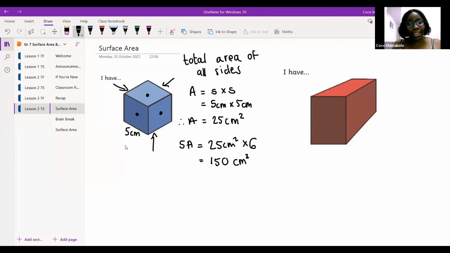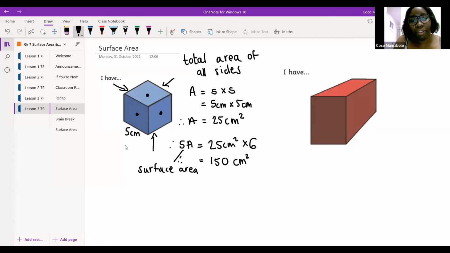Okay, excellent. I'm seeing many, many correct answers in the chat, and that makes me feel very good. Loving that you guys are getting how to do this. Please don't forget that the SA stands for surface area. I'm just being very lazy. Oh, sorry, Maya.